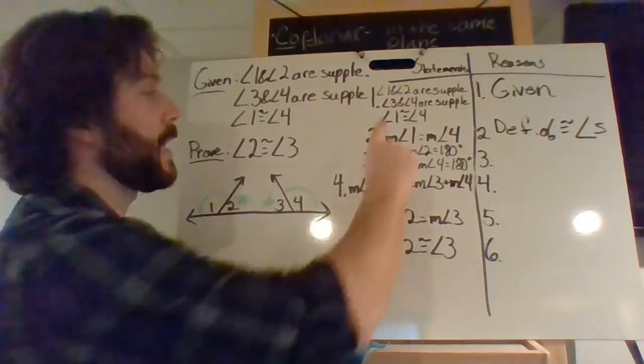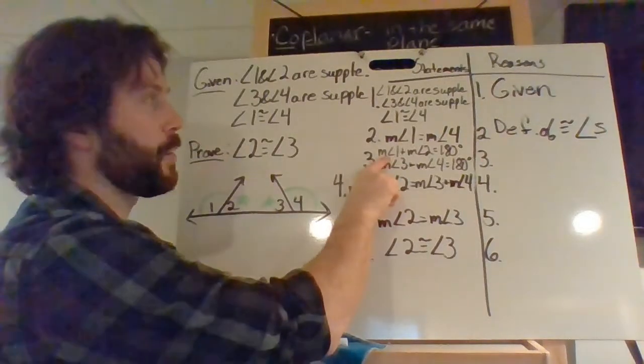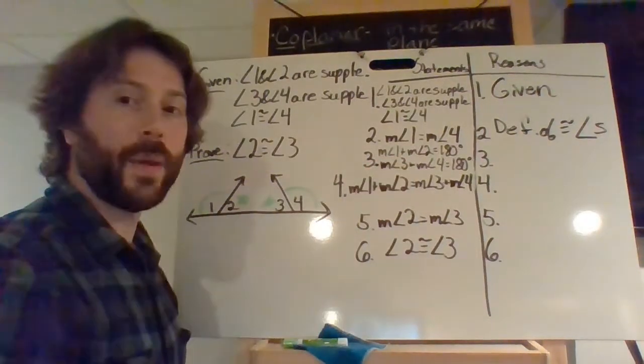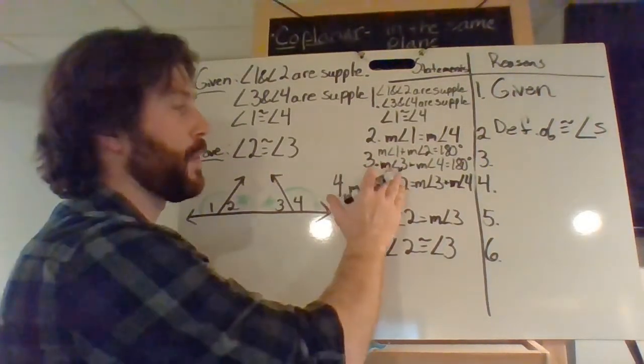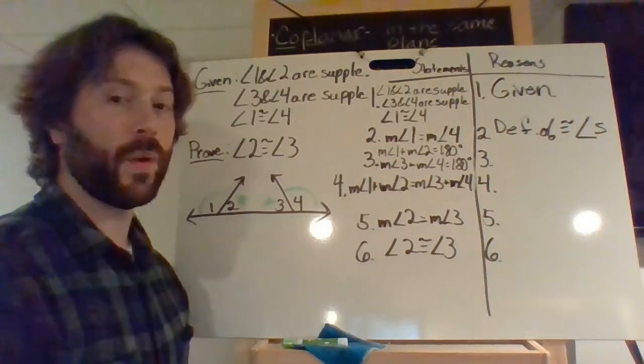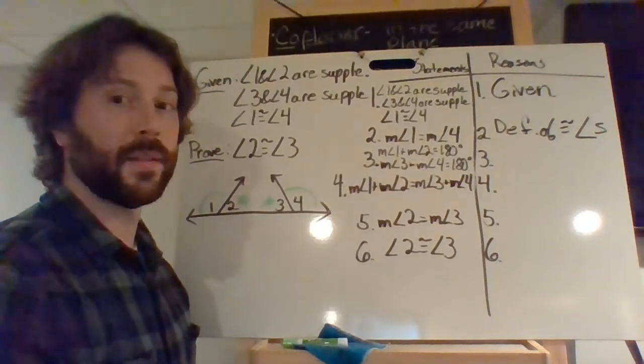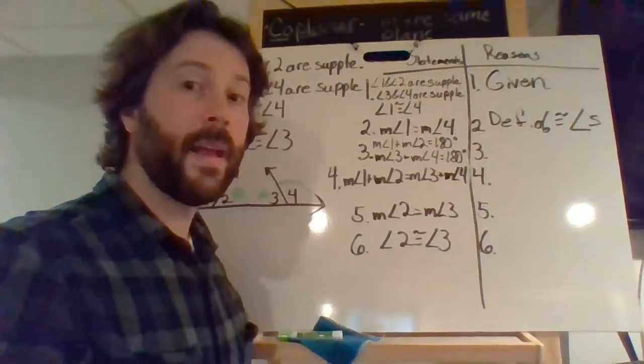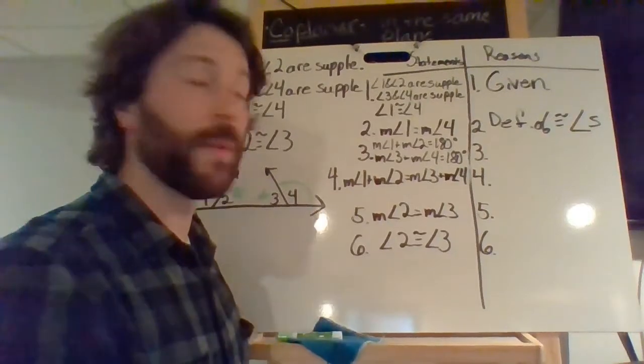Next up, on this line kind of scrunched together, I have the measure of angle 1 plus the measure of angle 2 equals 180 degrees, and the measure of angle 3 plus the measure of angle 4 equals 180 degrees. Now that's just the definition of supplementary angles.